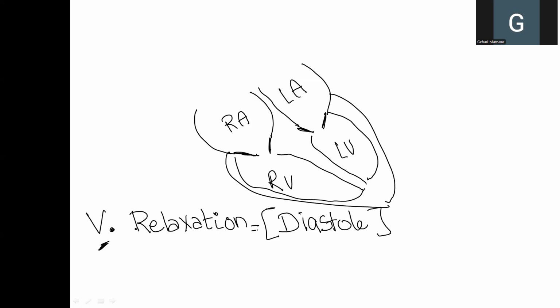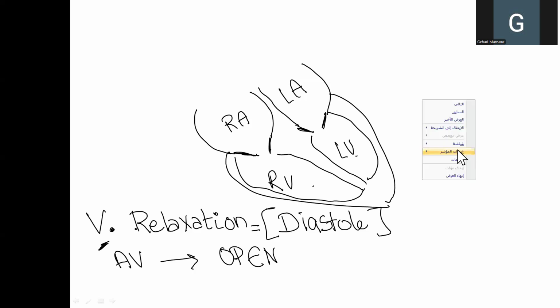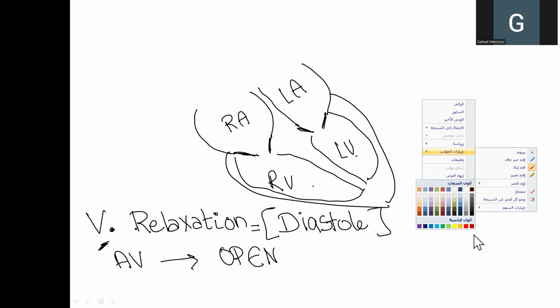Diastole simply means ventricular relaxation. While the ventricles are relaxed, the atrioventricular valves should be open. Why should they be open? In order to allow the flow of blood from the atria to the ventricles.